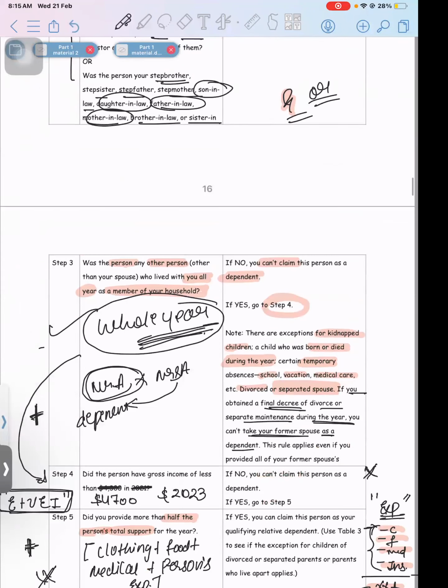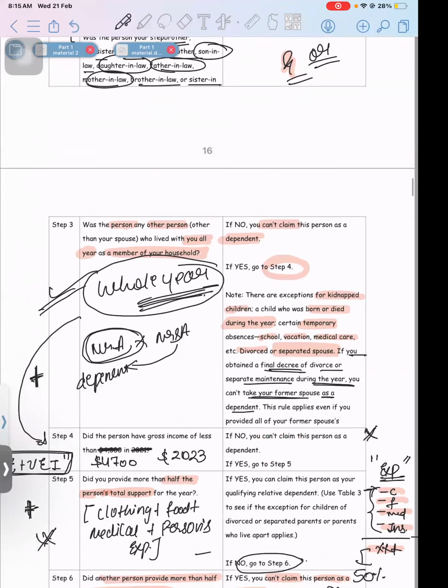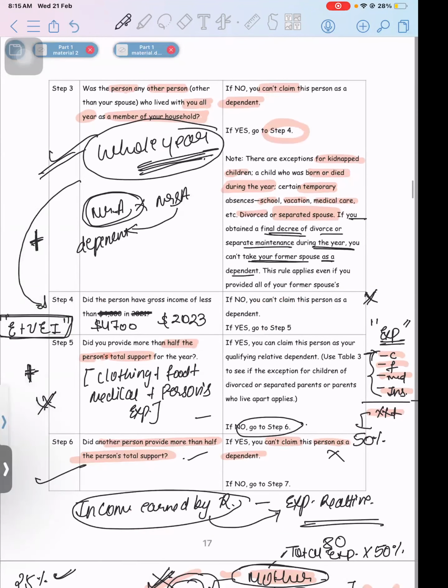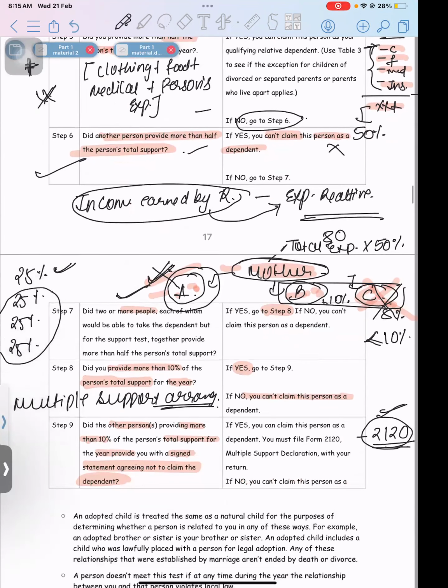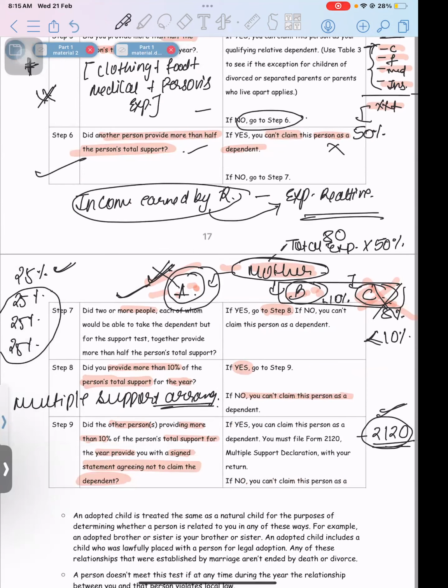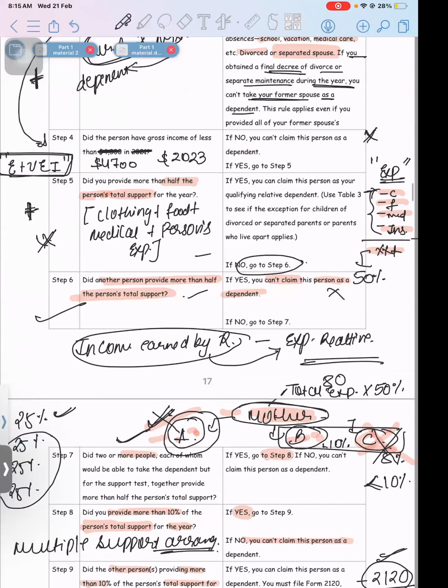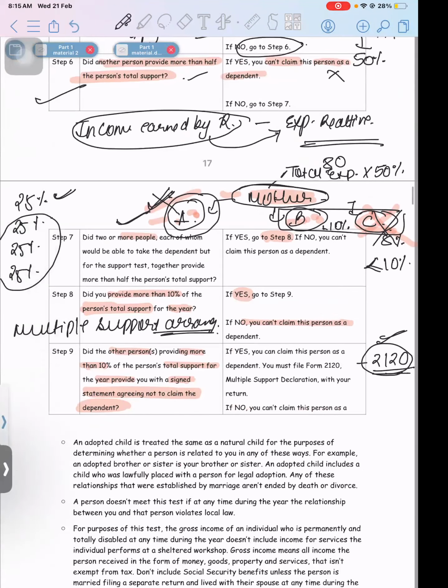If you forget to check the whole year criteria, your answer will be wrong. If you forget the $4,700 gross income criteria, your answer will be wrong. If the exam question gives you the multiple support agreement and everything, you will get confused because that was not there in the qualifying relative definition. But here we have included everything in a stepwise manner.